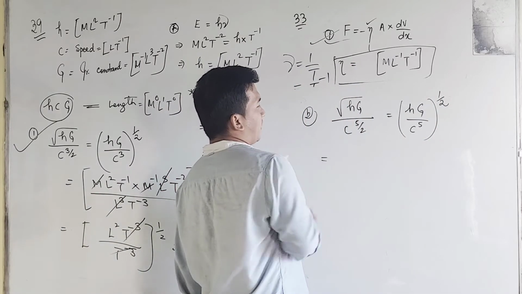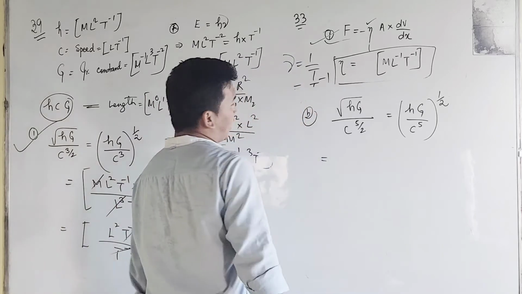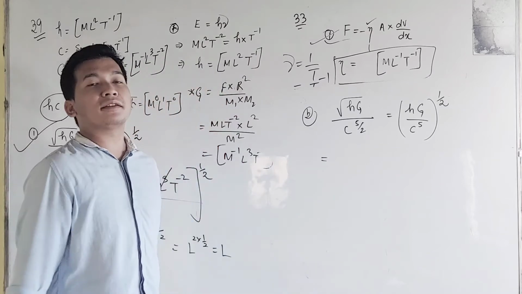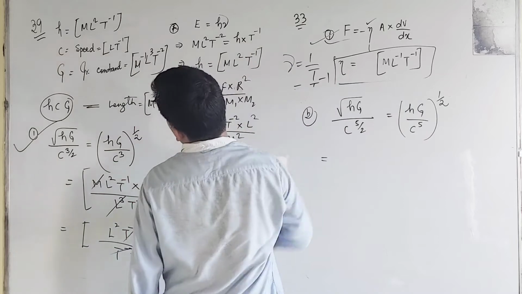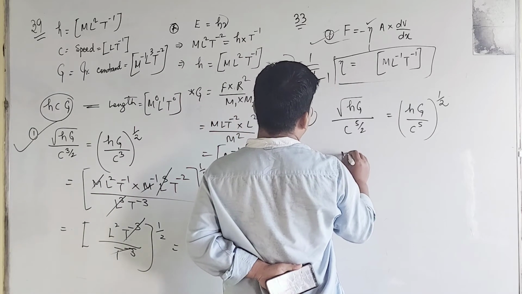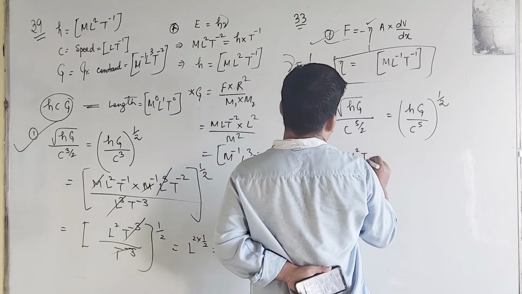So we just put the values. We already got the answer, so this is the elimination process. I am teaching you how to eliminate the remaining options. What is the dimension of h? It will be m l square t inverse.